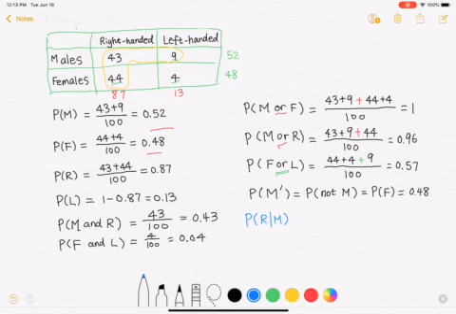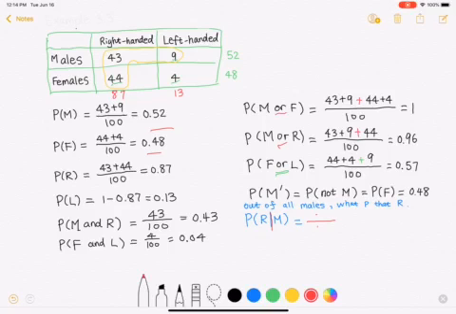It means out of all the males, what proportion, or what's the probability, that they are right-handed? Whenever you see this, the vertical bar means given. You can think of it as a division line. What is on the top is the R, and what is on the bottom is the M. You read left to right, top to bottom.